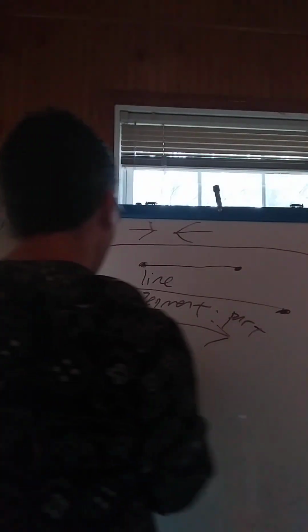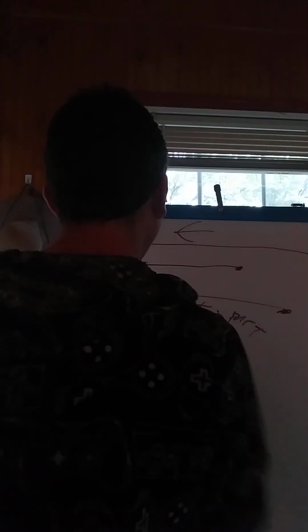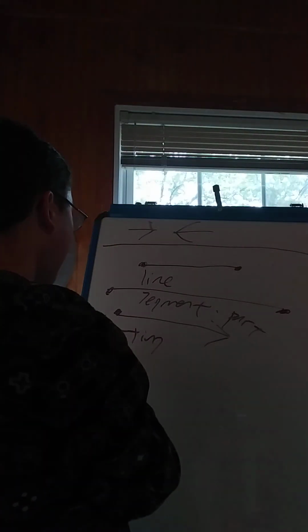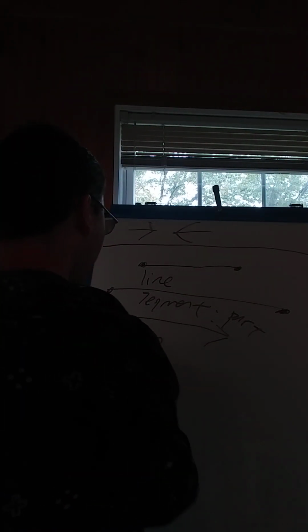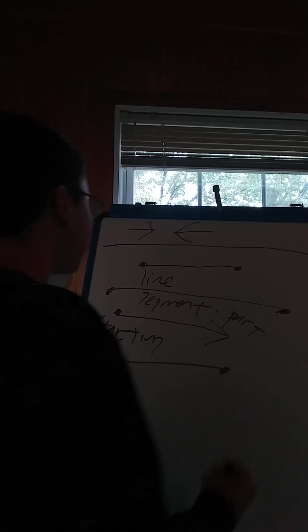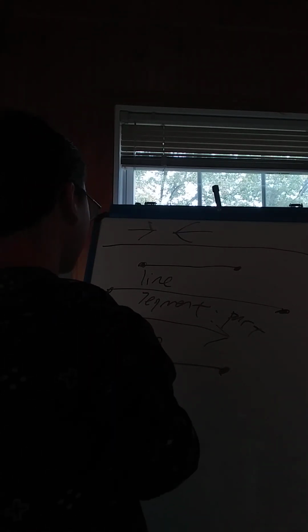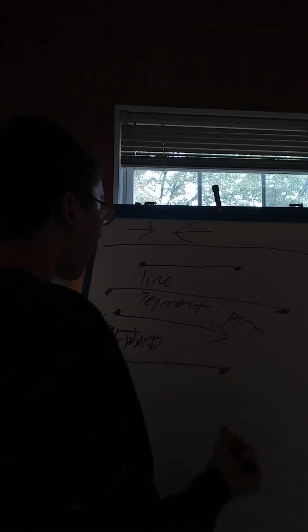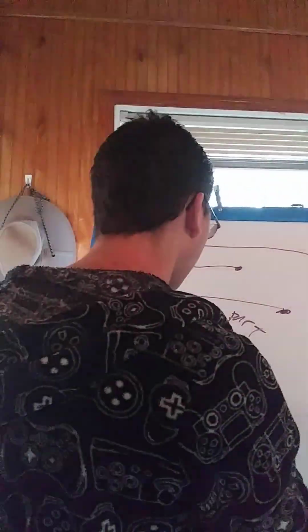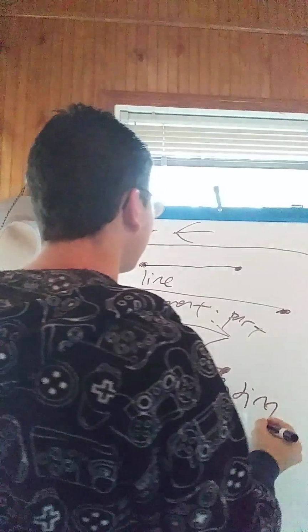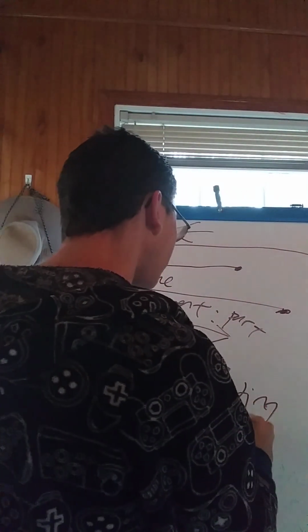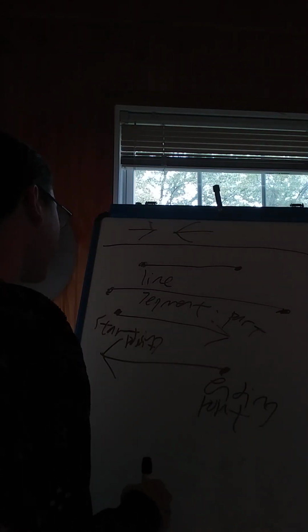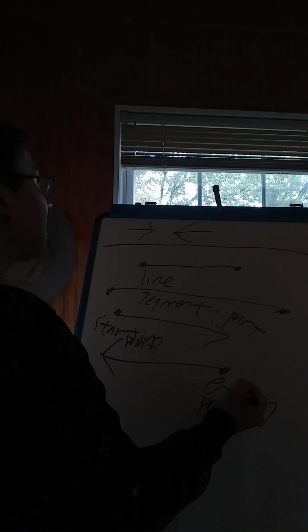However, if the dot is over to the right part of the line, then it is called an ending point, going from left to right. Or starting, going the other way. So this is the ending point.